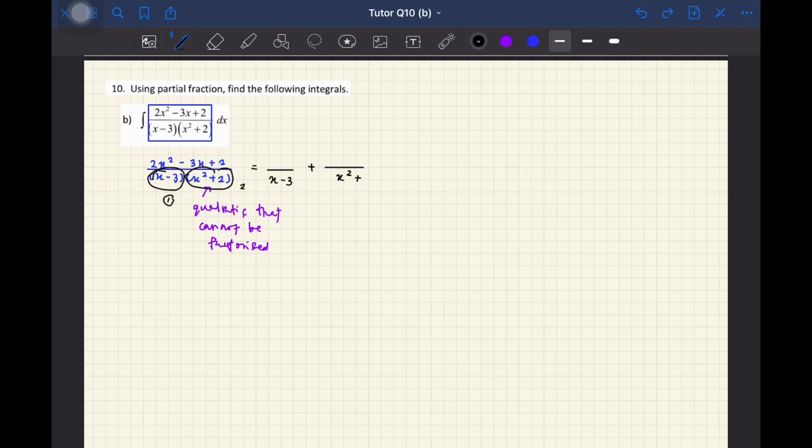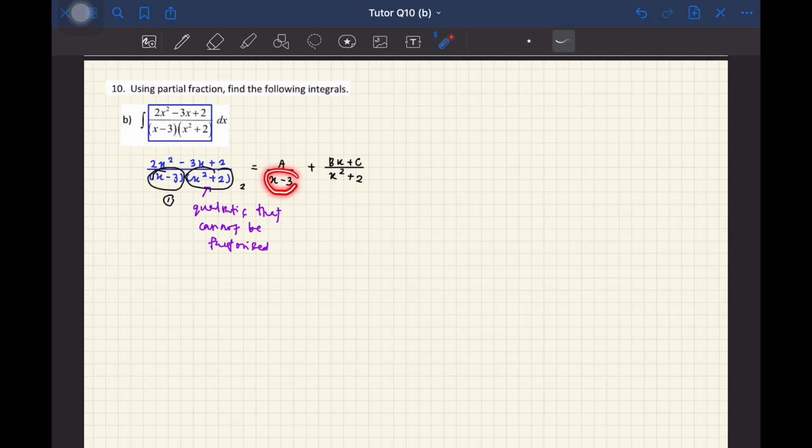So bahagian atas nak letak apa? For this one it is just a linear, so atas dia kita akan letak a constant. But for quadratic that cannot be factorized, you need to remember, the numerator you need to put a linear. So dia mesti jadi bx plus c. Kalau bawah linear, atas dia akan jadi constant.